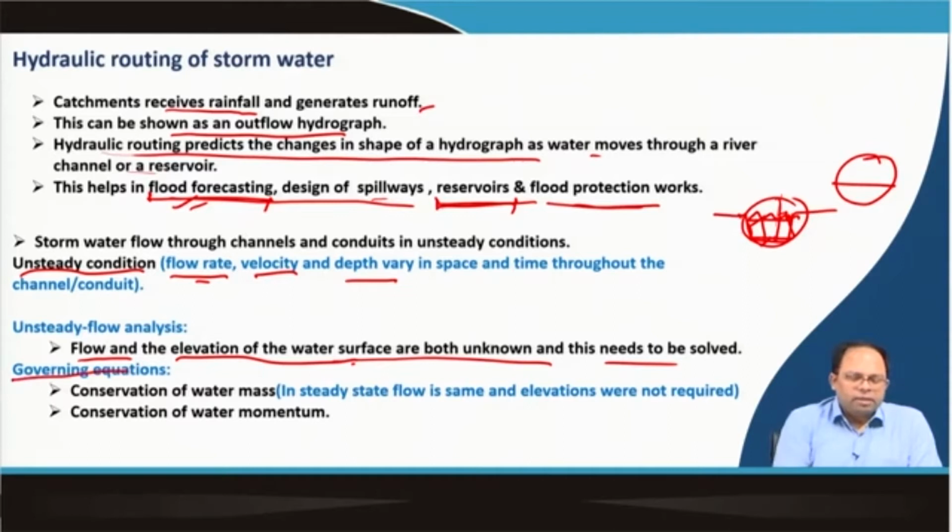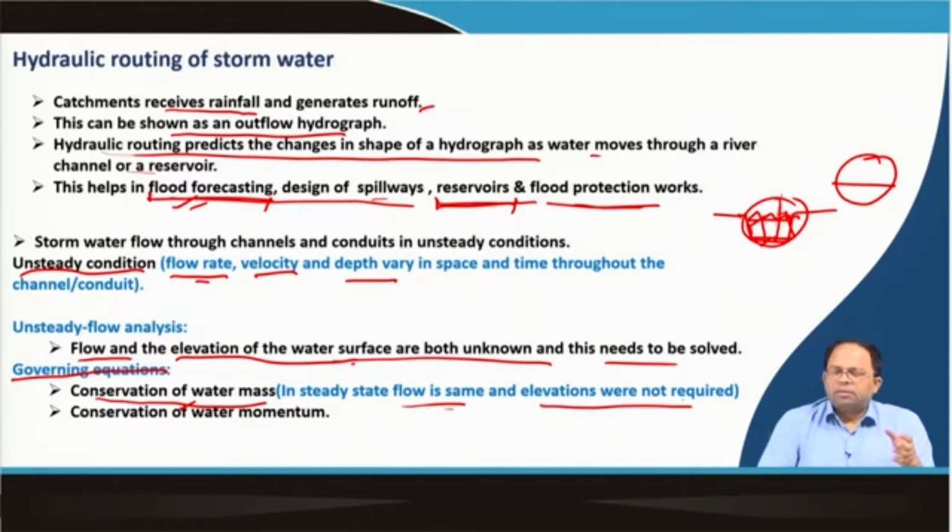When we solve this kind of problem, in the previous one we talked about conservation of water mass. That is also called the continuity equation. That means in between two sections when water passes from one to another, when we consider continuity, then we consider conservation of water mass. In steady state flow, the total volume was the same and the elevations were not considered.